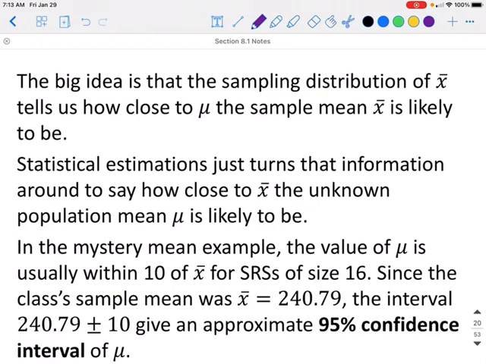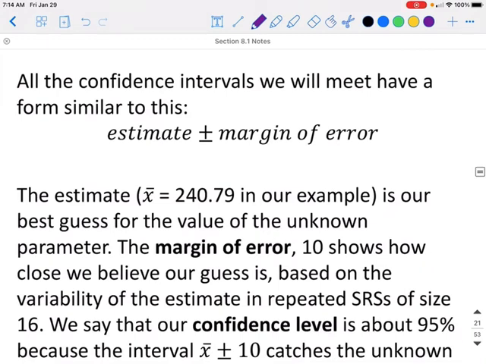Since the class's sample mean was 240.79, the interval of 240.79 plus or minus 10 gives us an approximate 95% confidence interval for mu. So all confidence intervals we will have to form in a similar way.